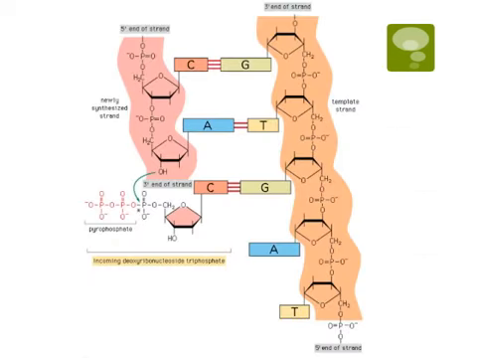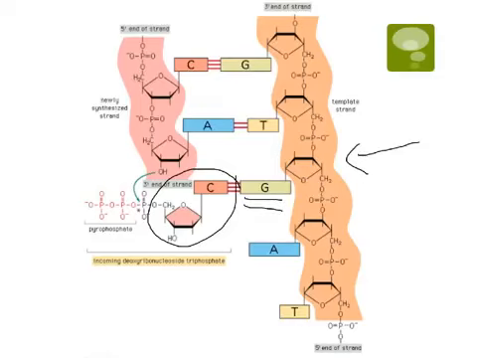Okay, so here's a closer-up molecular look at DNA polymerase. Here is my old DNA strand, the strand that was green in the last picture. Here's the new nucleotide that the polymerase is trying to add. It reads that the template strand is a G, and it knows it has to add the C. So it takes the nucleotide, the C bonds to the G, and then this bond right here is broken.